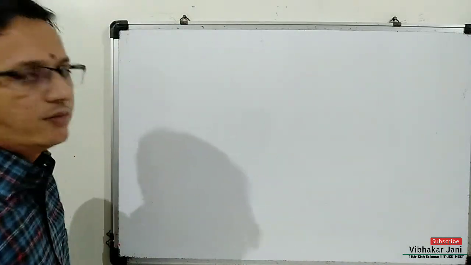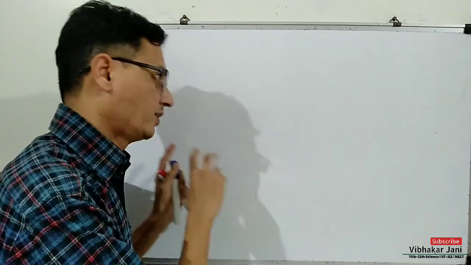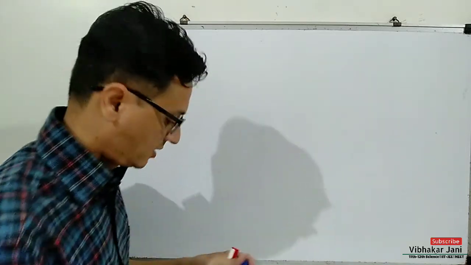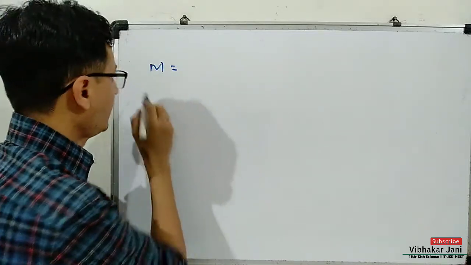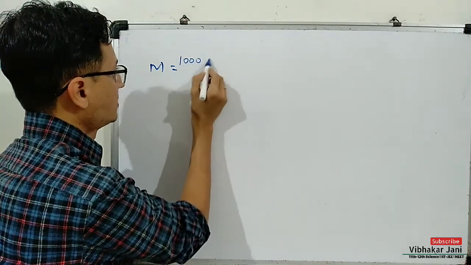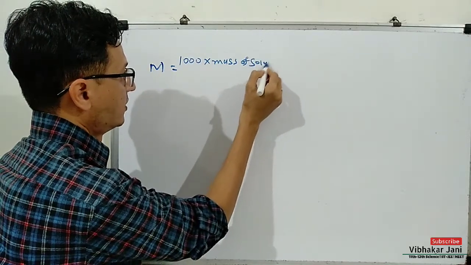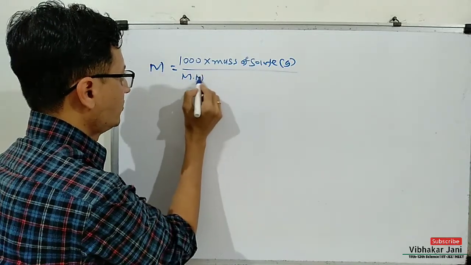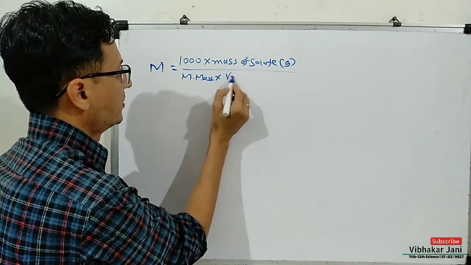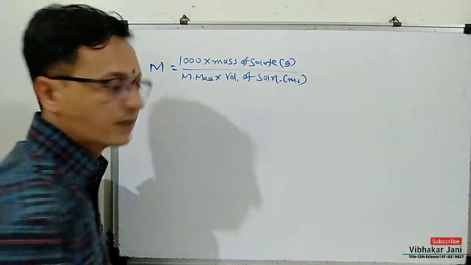Now you know very well the formulas of molarity and molality. I am going to write the formula of both these concentration terms. This is the formula for molarity. Molarity is equal to 1000 multiplied by mass of solute in gram upon molecular mass multiplied by volume of solution in milliliter.